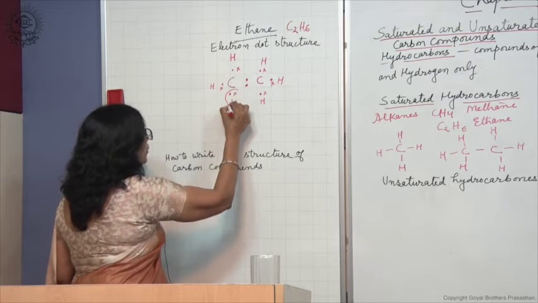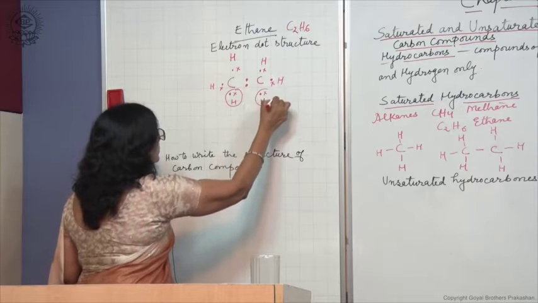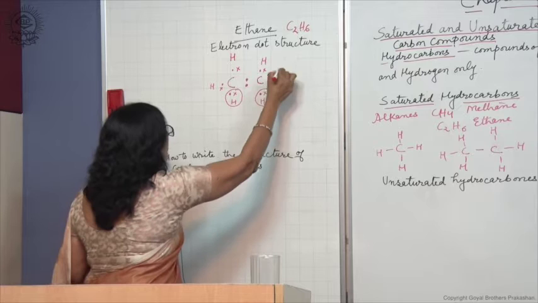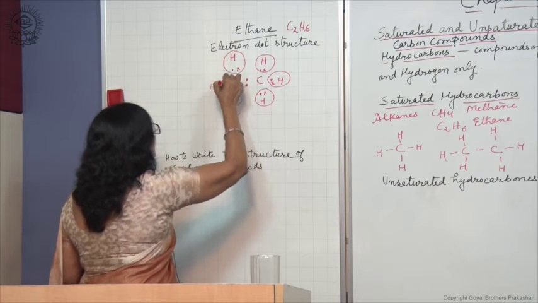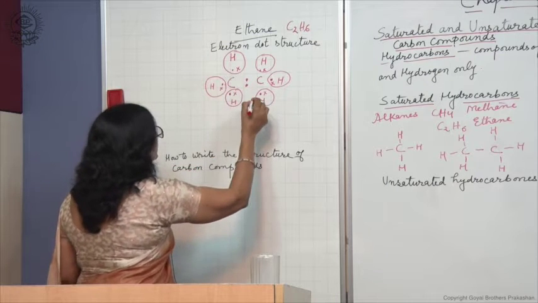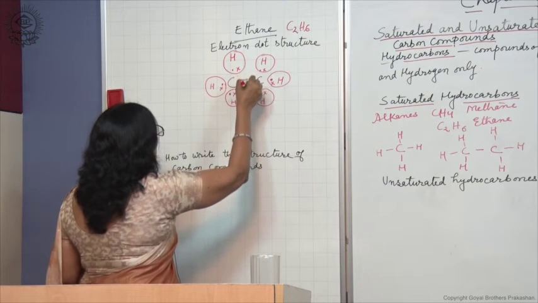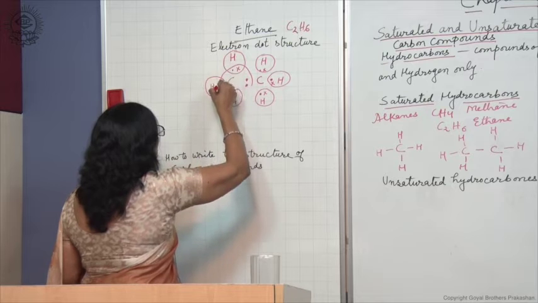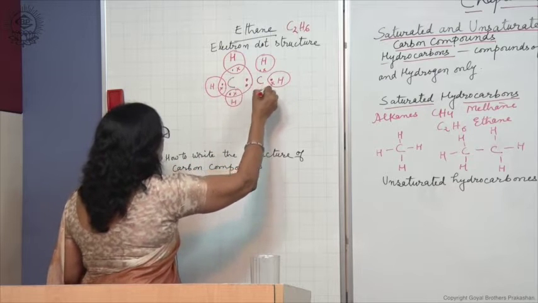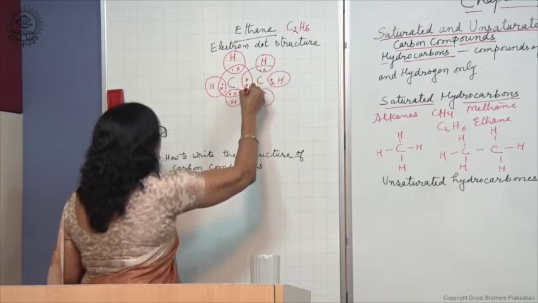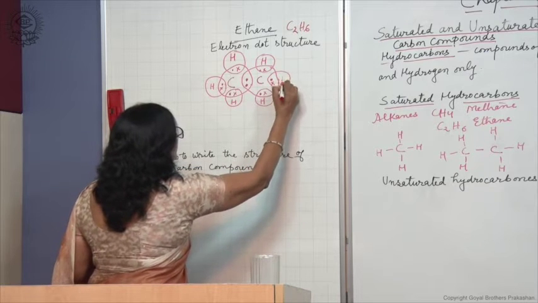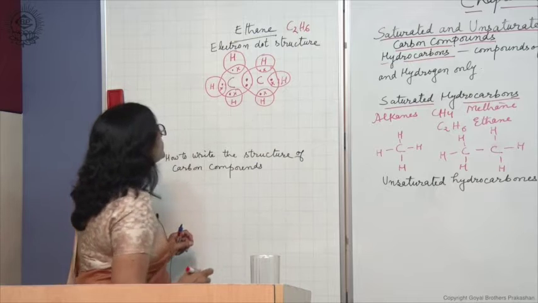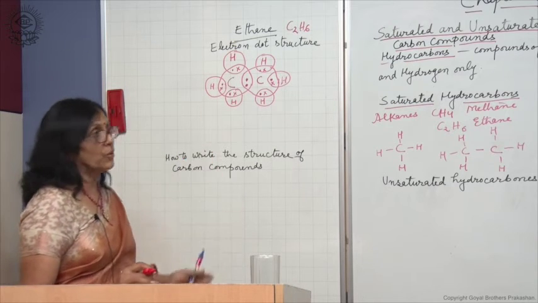So, all hydrogen atoms have completed their duplet, and each carbon atom has also completed the octet. Right. So, this is the electron dot structure of ethane.